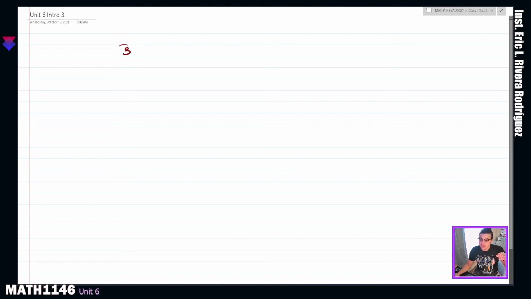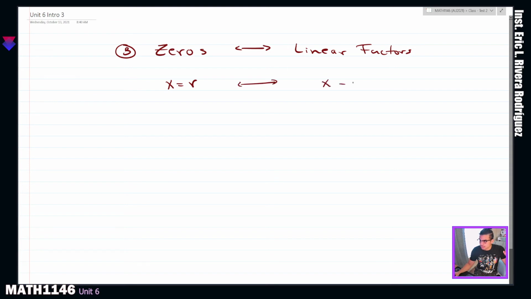You need to remember that the zeros of a polynomial are related to the linear factors of the polynomial. Okay, so if r is a 0, then we have a linear factor of x minus r.